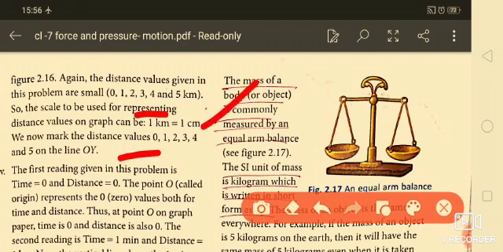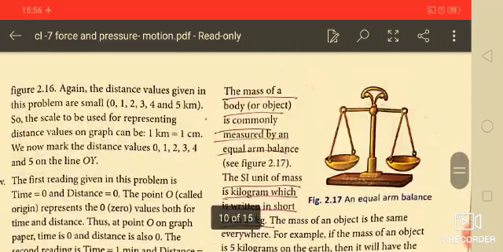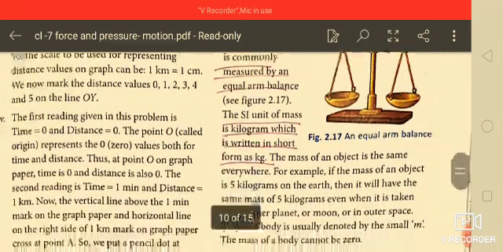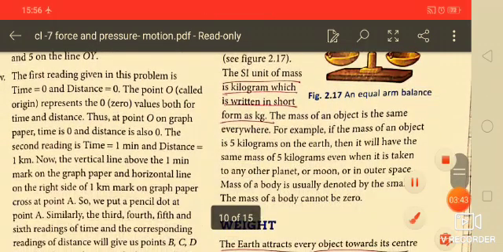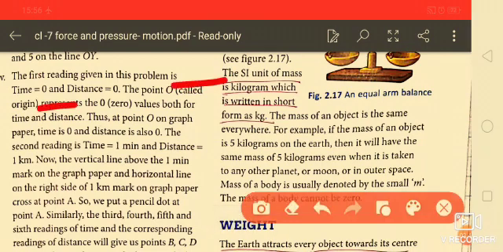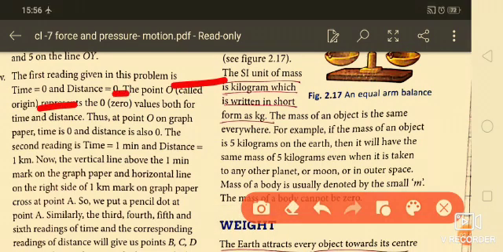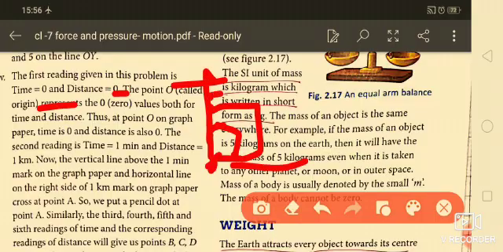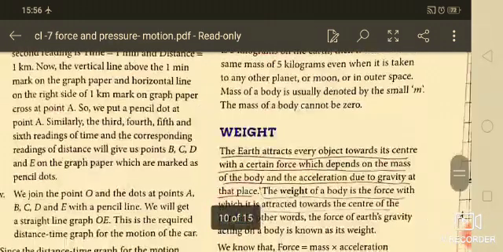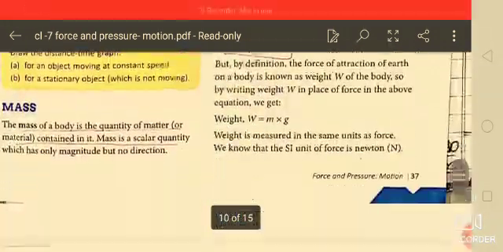Then we mark the distance values, 0 to 5, on the y line, that is OY. The first reading given in the problem is time equal to 0 and distance equal to 0 at the initial position. As time increases, the distance also increases, and you will find a graph like this.